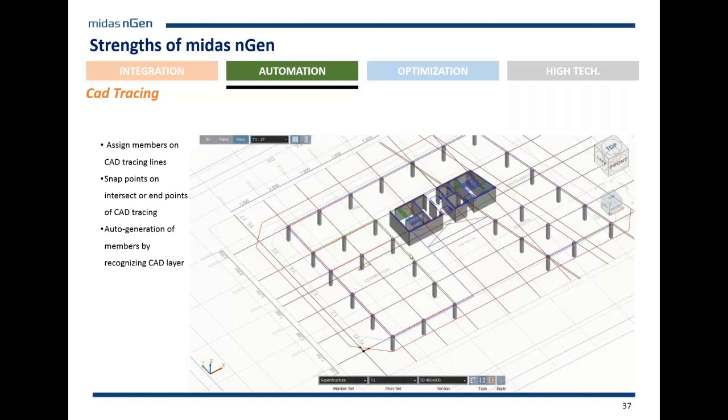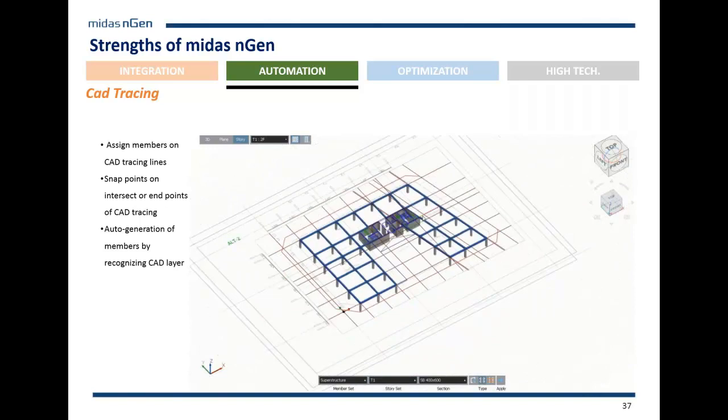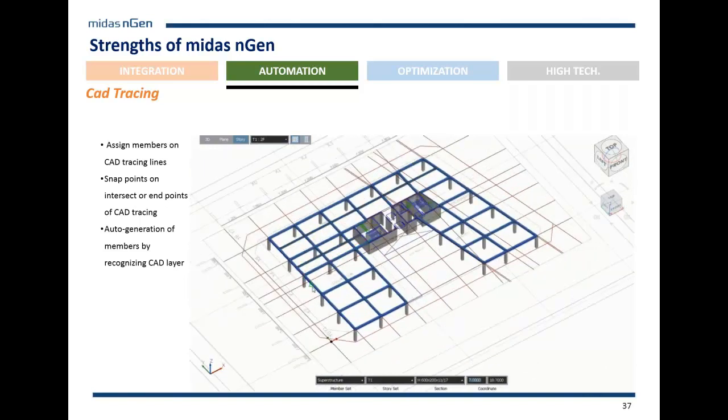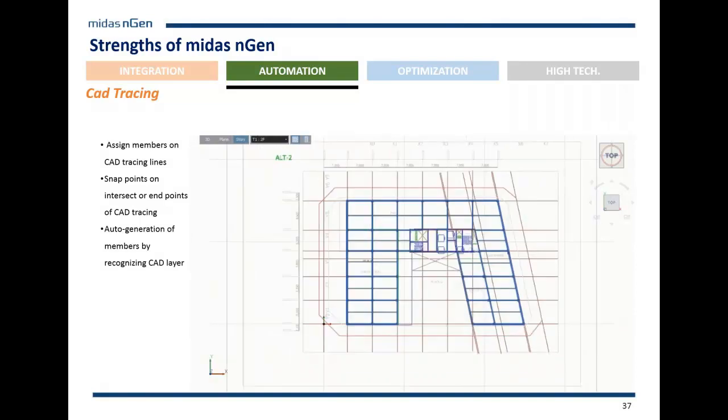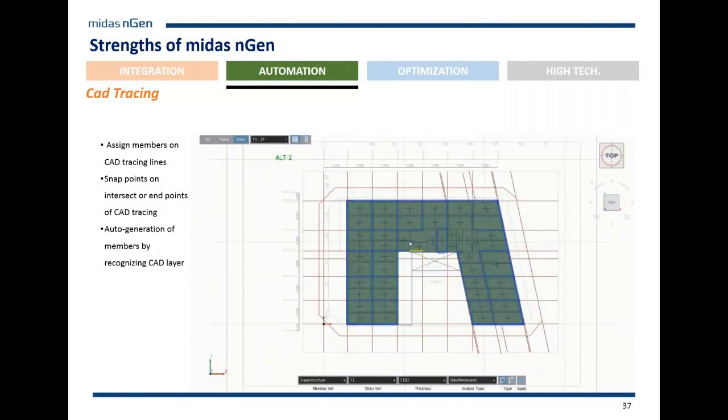Then we saw how the lines can be converted into beams. We can also draw the beams conventionally by snapping onto the halves of the members. So this is just a quick overview of how the modeling procedure was easily done.